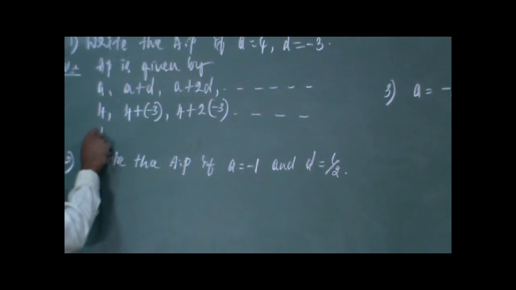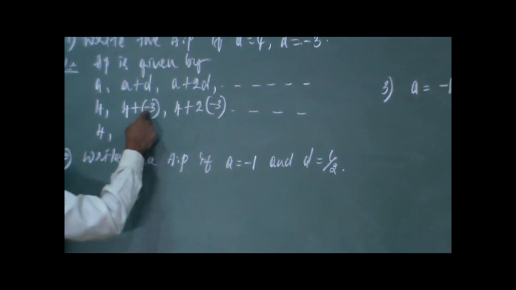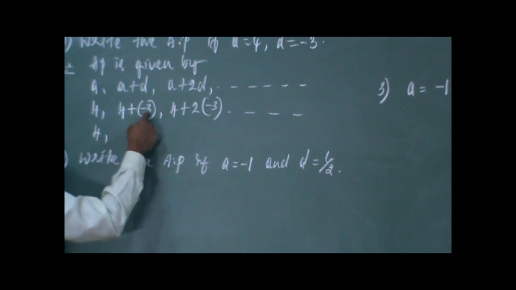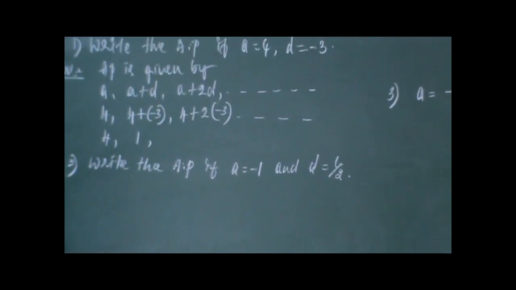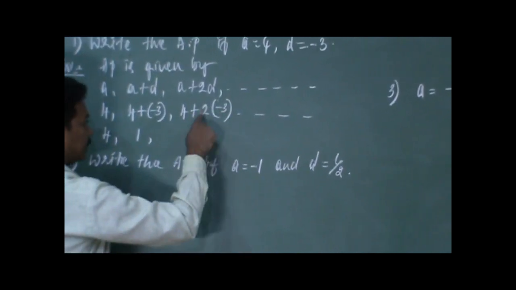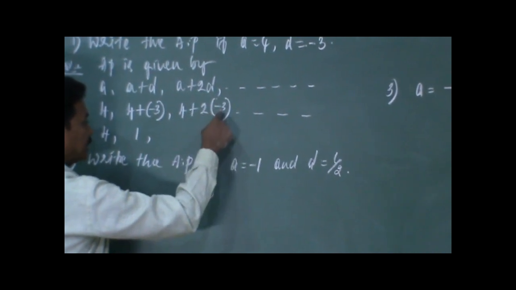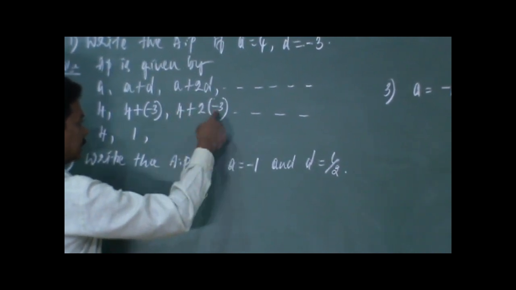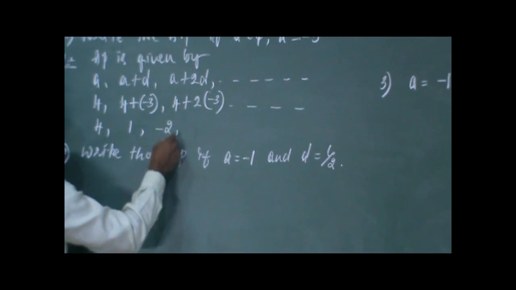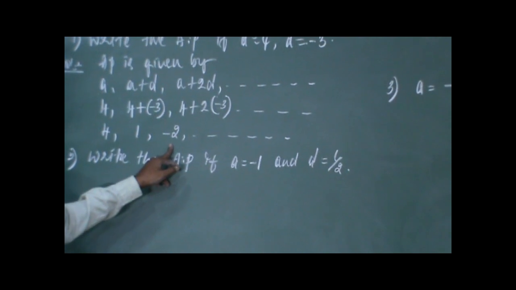So simplify this: 4, comma, plus into minus is minus, 4 minus 3 is 1, comma, plus into minus, that is minus, 2 3s are 6, 4 minus 6 is minus 2, and so on. So this is the required AP.